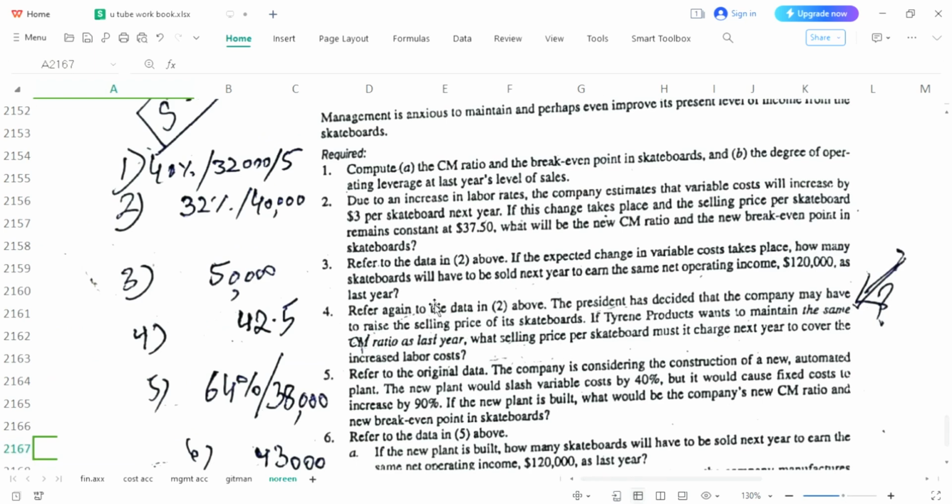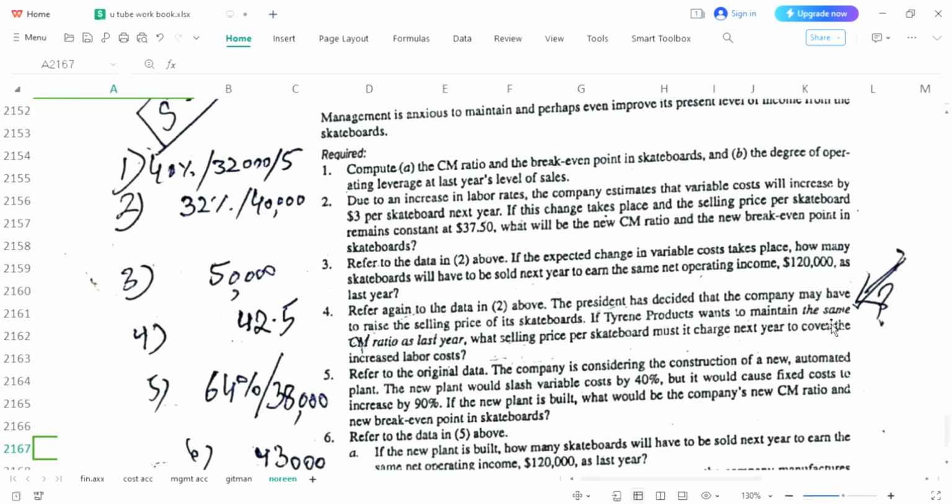In fourth part, it says refer again to the data in 2. That means we have changed variable cost by 3. We will be using all inputs which are present in part 2. The president decided that the company may have to raise the selling price of its skateboards.